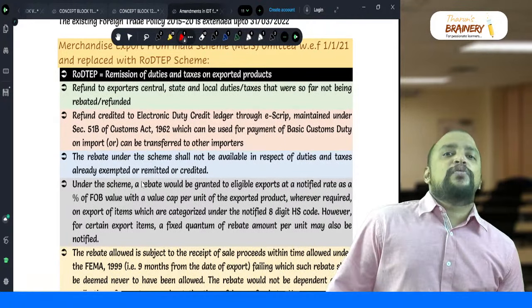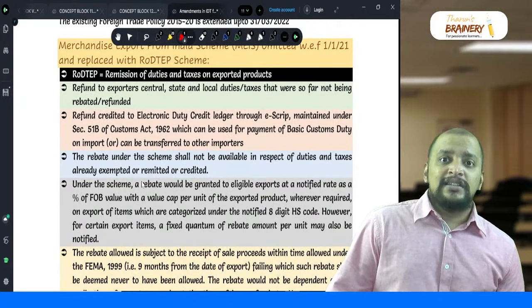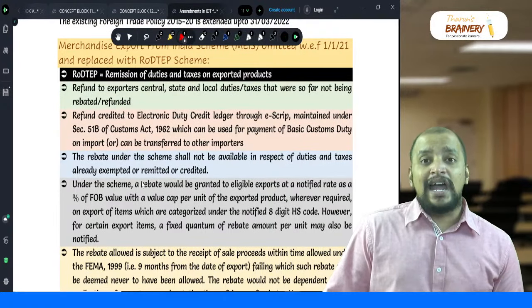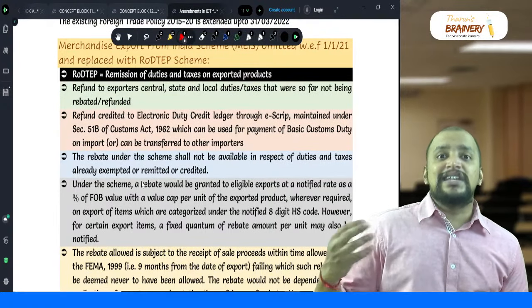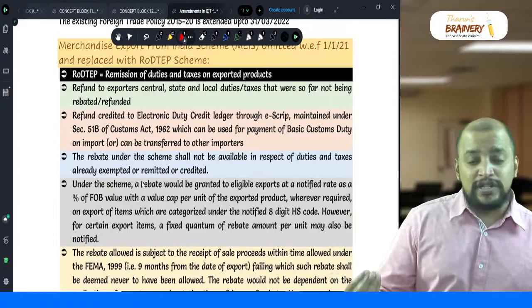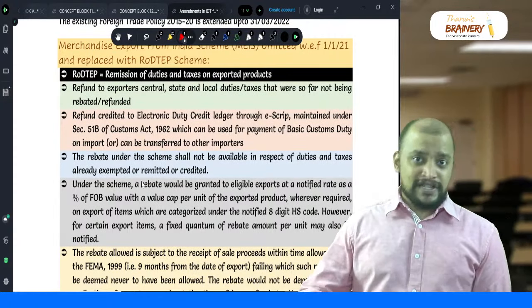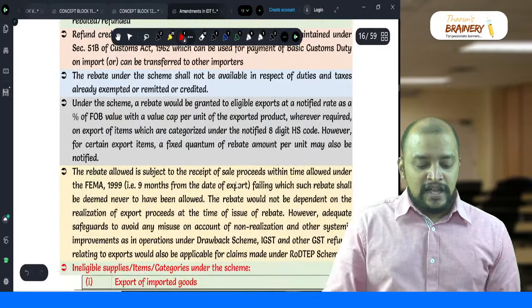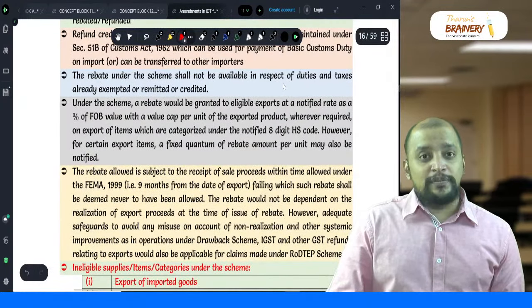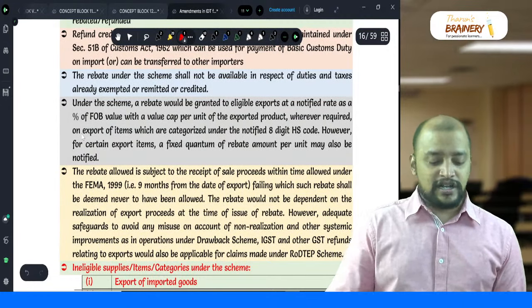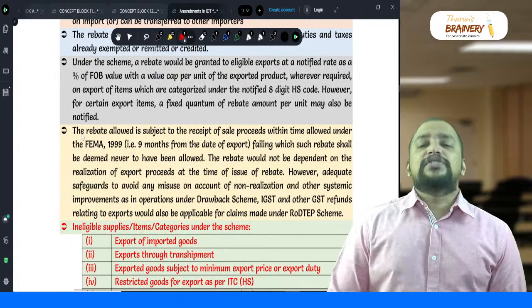Depending upon their tax burden on local levies, that will be given to them, and they will generate an e-script, which will be credited to the duty credit ledger, and which can be used for payment of customs duty, or it can be transferred to any other person. Okay. So the rebate under this scheme shall not be available in respect of duties or taxes already exempted or remitted or credited.